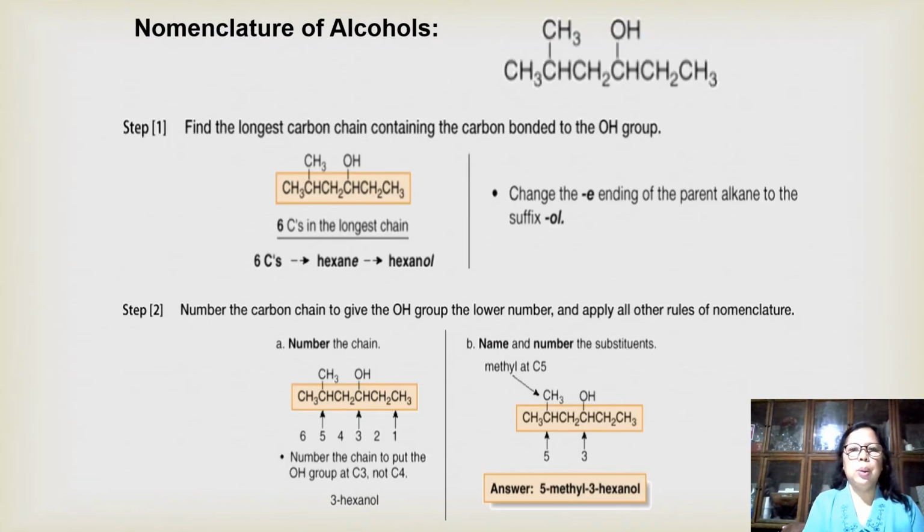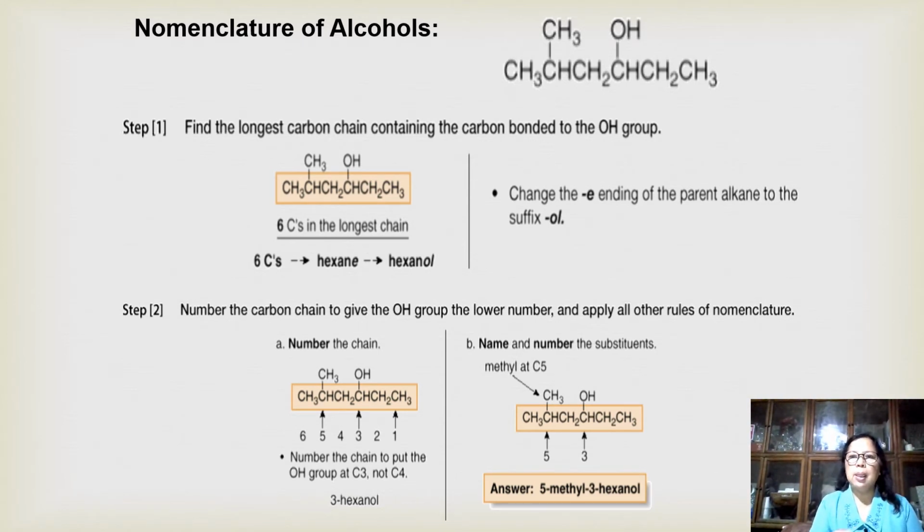Now let us go to nomenclature. Nomenclature is just the same as the principles used in alkene, alkyne, and alkanes. So what you have to do is look for the longest carbon chain in which OH is attached.